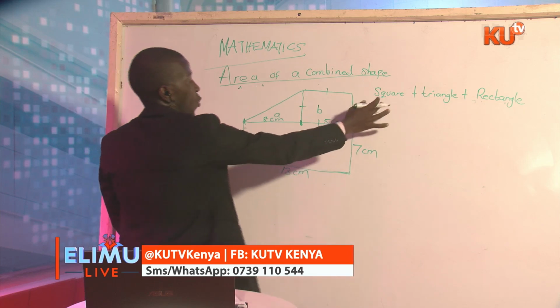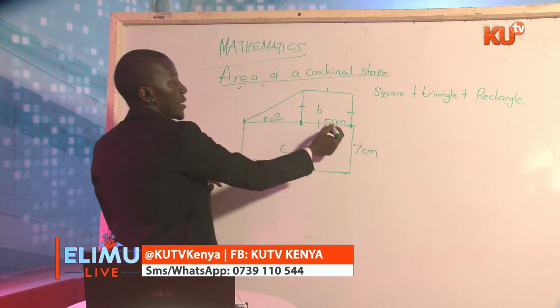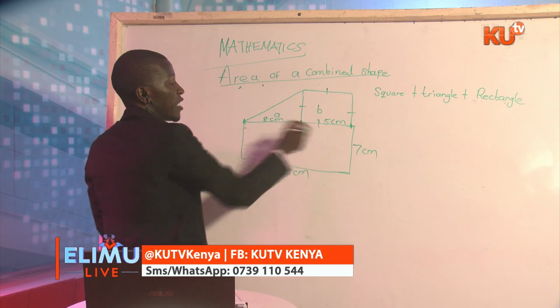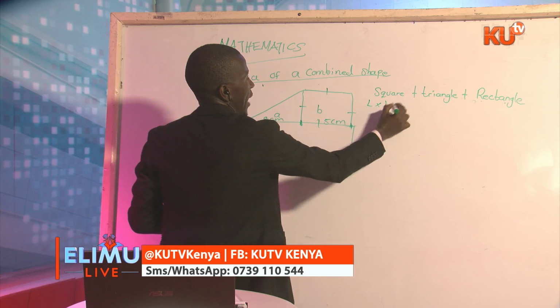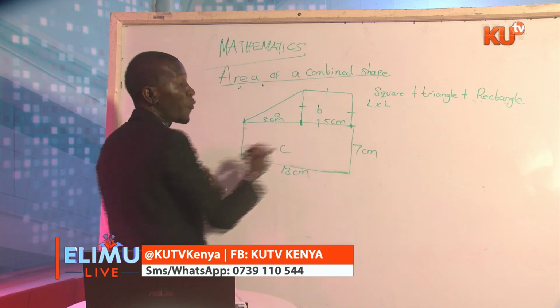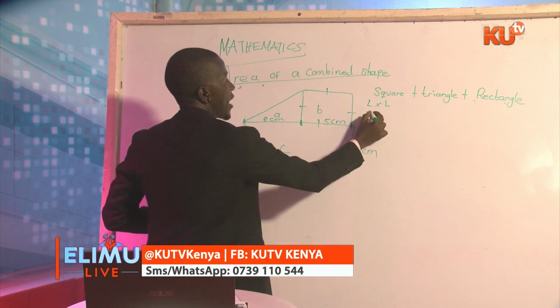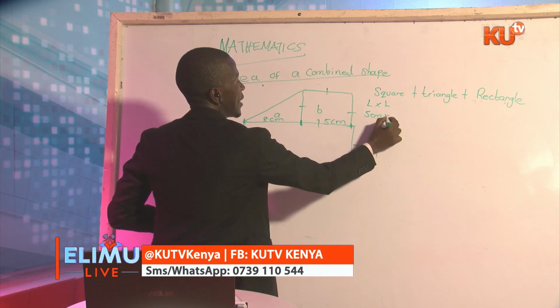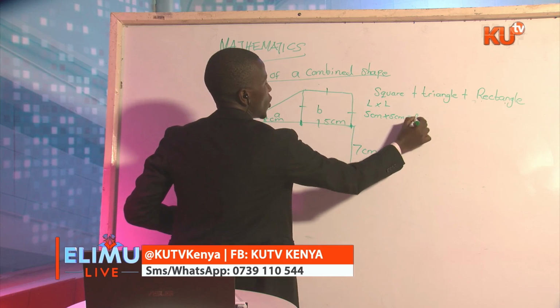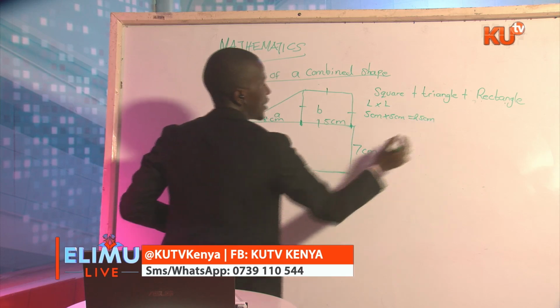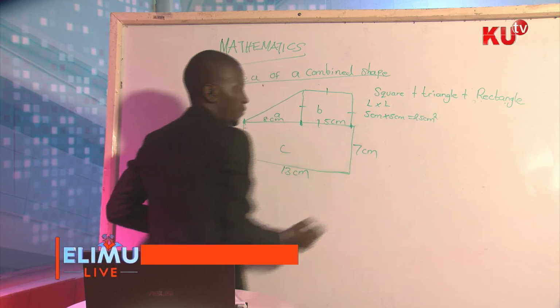So let's start with the square. You start with the formula, which is length times length. What is the length of the square? It is 5 centimeters times 5 centimeters, which gives us 25 centimeters squared.